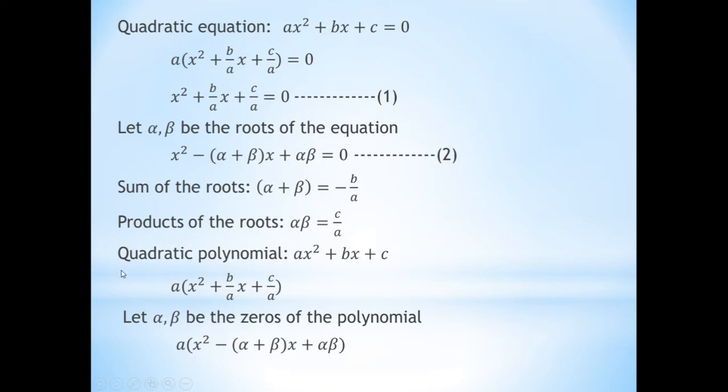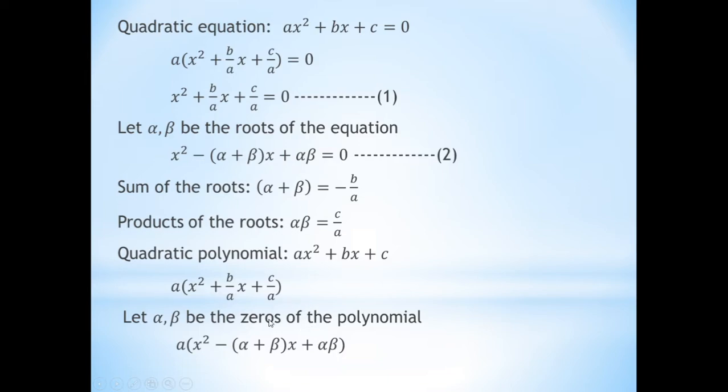Now coming to the quadratic polynomial. Quadratic equation and quadratic polynomial are almost the same. The thing is, equation means it is equal to 0. In the same way, if I take a outside from this polynomial, it becomes a into x² plus (b/a)x plus c/a. Now consider alpha and beta to be the zeros of the polynomial.